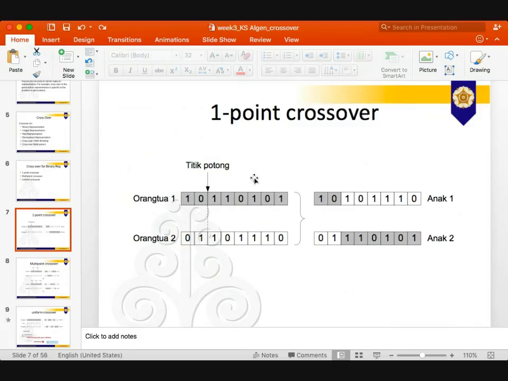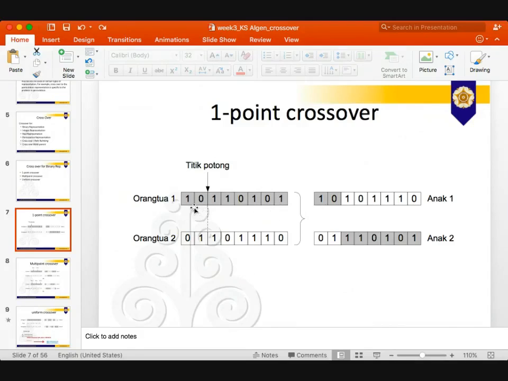One crossover point is just defined by a number in the interval 1 until the chromosome size.